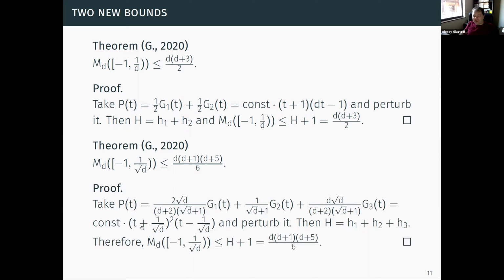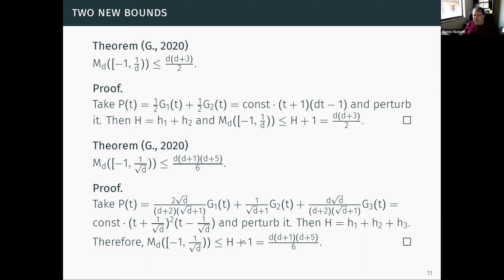Since it's 0 at -1 over square root of d, you still have to perturb it a little for it to prove the bound. But you can do that, and then just using our general result, it means that the number of points is no greater than the total dimension here, which is the sum of dimensions of 3 harmonic spaces. And this is precisely d times d plus 1 times d plus 5 over 6.